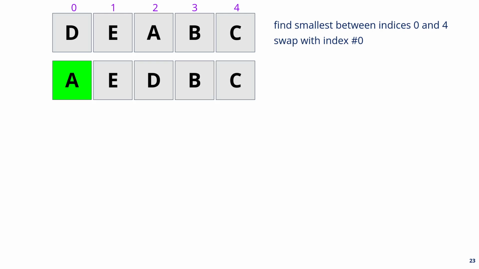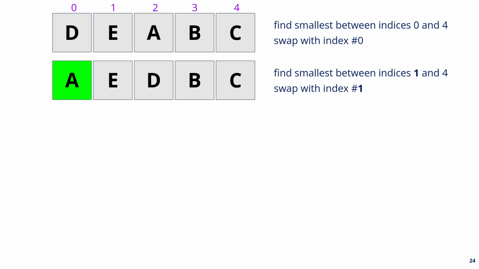The second time I do this and I find the smallest in the list, where do I start looking from? From 1. You might say, I see that now, because A is still the smallest in the list. I already know that, and I know it's in the right place. But now I'm going to look for the smallest starting at index 1.